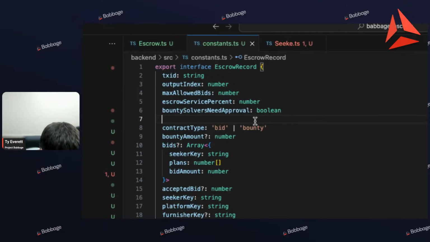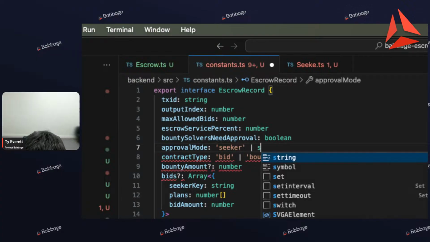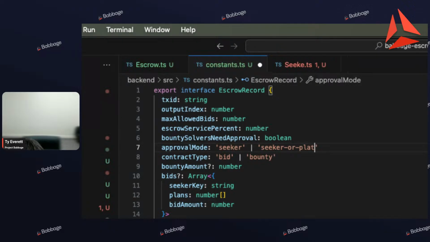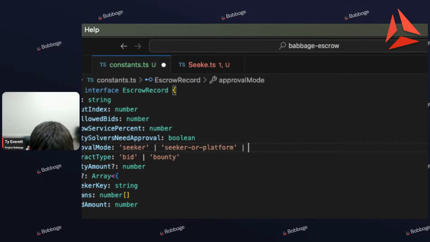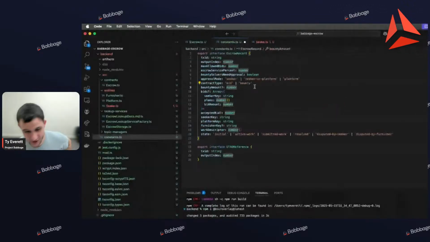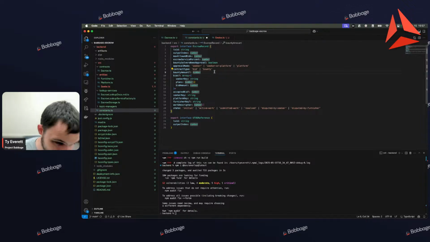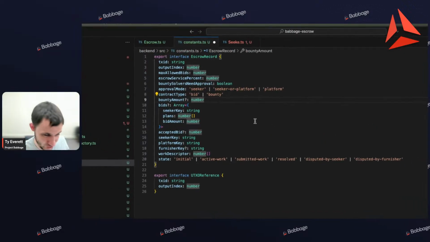And then the approval mode needs to be seeker approves, seeker or platform approves, or the platform is the only one who can approve. So that controls the final variable, which is, does the seeker need to approve when bids have, yeah, it's what it sounds like. Okay. I think this is a fairly comprehensive structure at this point.